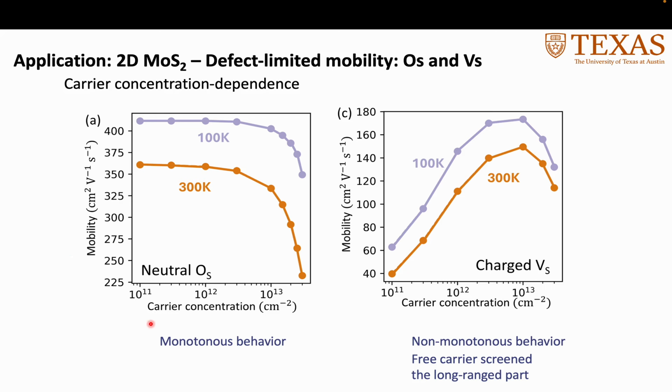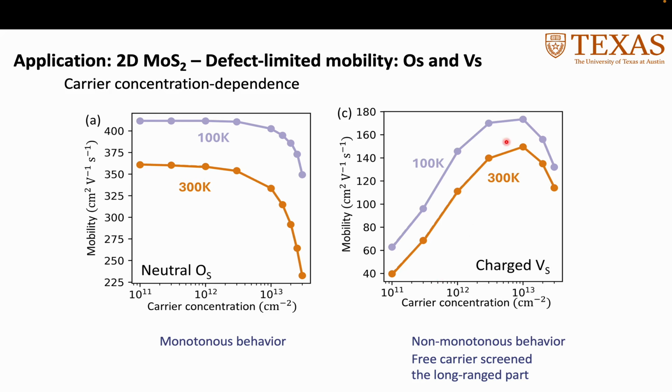We can see that for the neutral one, it shows a monotonous behavior, and the mobility decreases in this region due to the effective mass change. But for the charge defect, it shows a non-monotonous behavior because the free carrier has a strong screening effect as the carrier concentration is increasing.